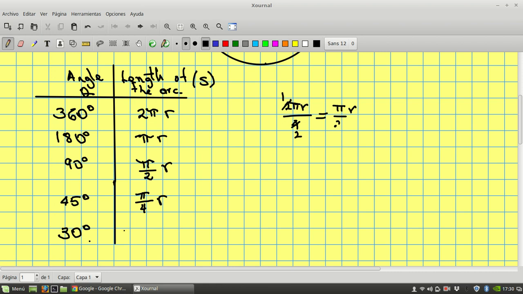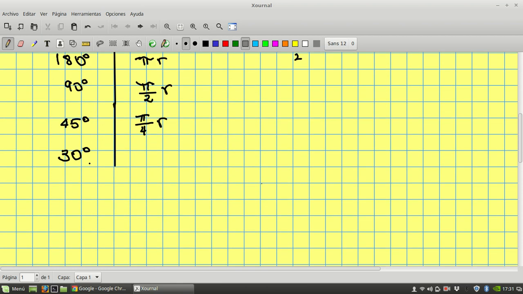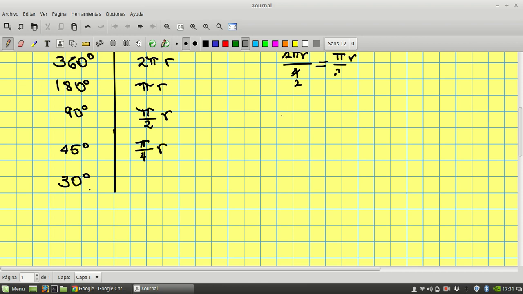If you divide the circumference, 360 degrees divided by 30, we're dividing it into 12 parts.